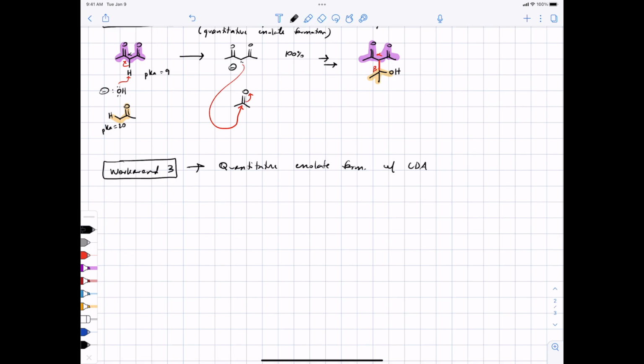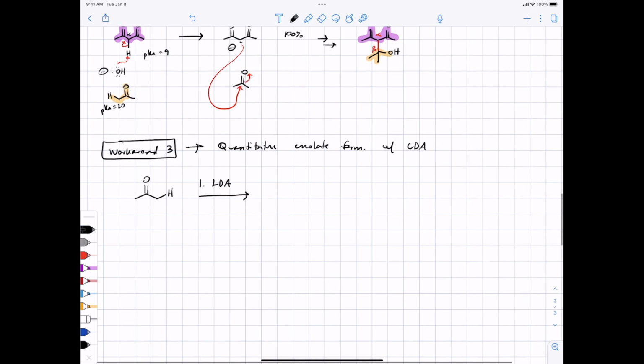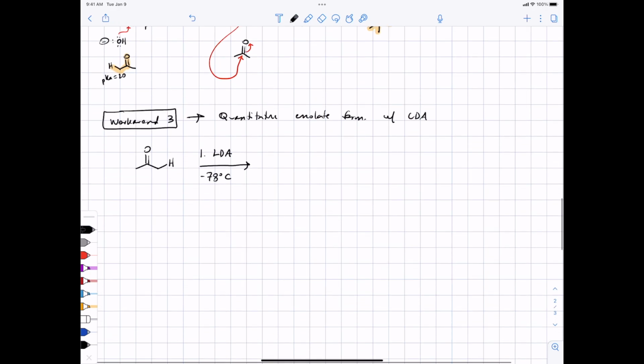So step 1 is you use LDA to make your enolate in 100% yield. You're going to do this at really cold temperature with an aprotic solvent. So I'm going to write minus 78 C to indicate you're doing this over dry ice. People will use tetrahydrofuran as a solvent. That's just a solvent that doesn't have any acidic protons. You make the enolate in 100% yield.